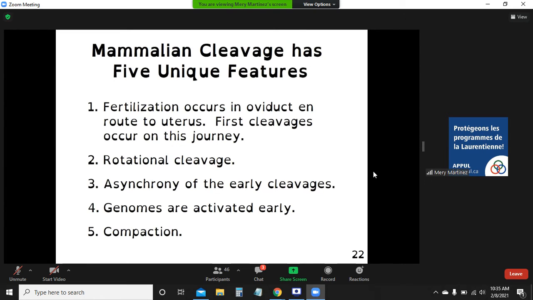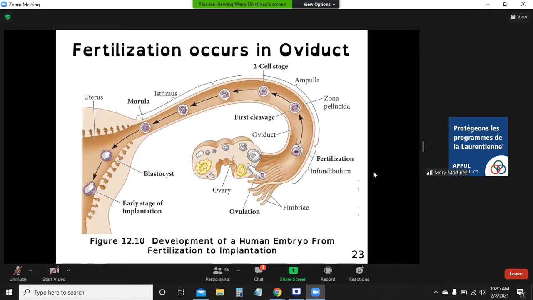The asynchrony of the early cleavages is different because in the other animals we saw that the first cleavages have a very organized way to present, right? The genomes are activated early and they go through a process that we call compaction. So let's see these steps.